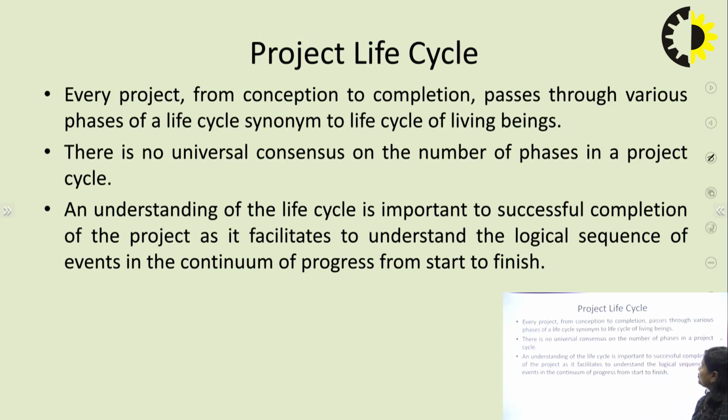A life cycle has a number of phases involved, from the starting till the termination. So the life cycle means the various phases involved from the starting till the end, till the completion of the project.